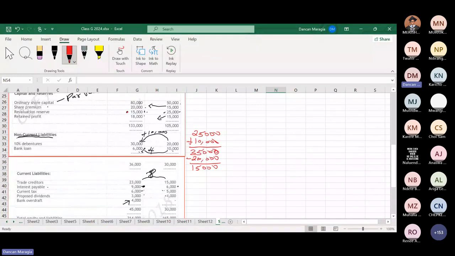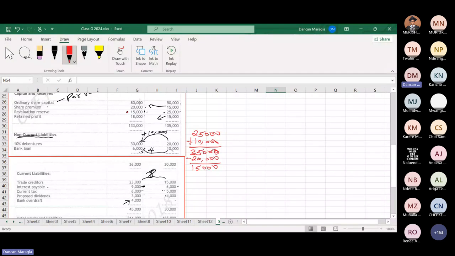Good. Now, there are two approaches you can take in a question. One is to do all the calculations first, then go to the statement of cash flow. The other is to just prepare your statement of cash flow, then insert the easier figures. Are we together?